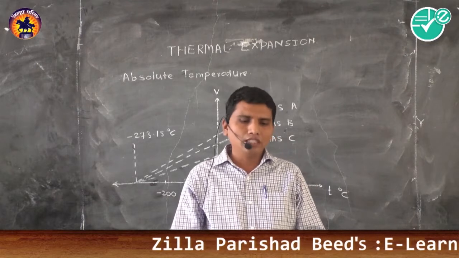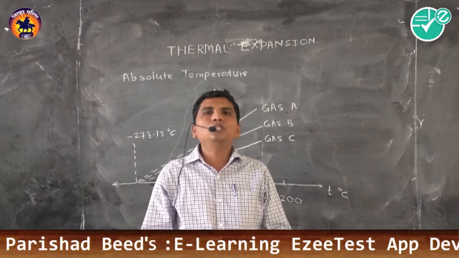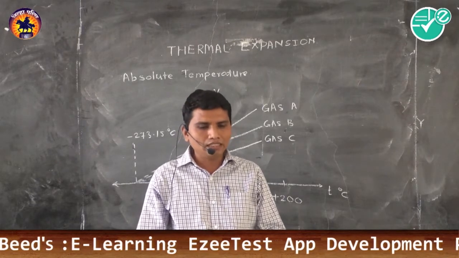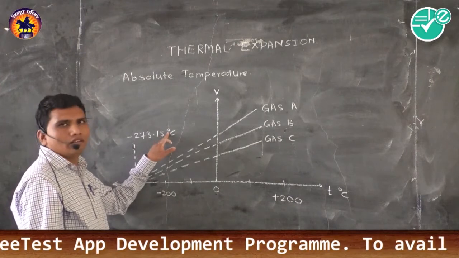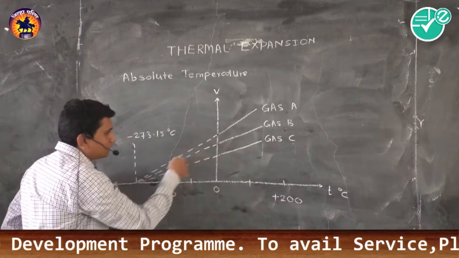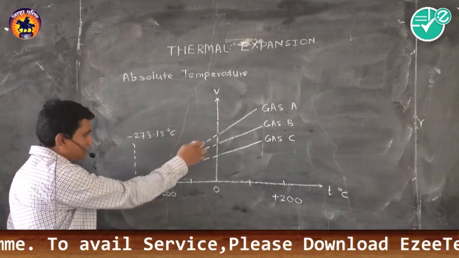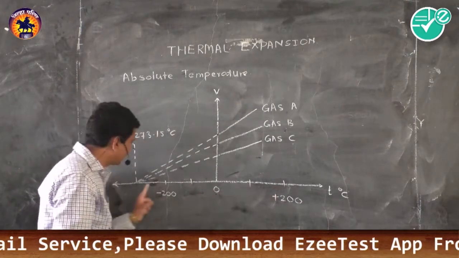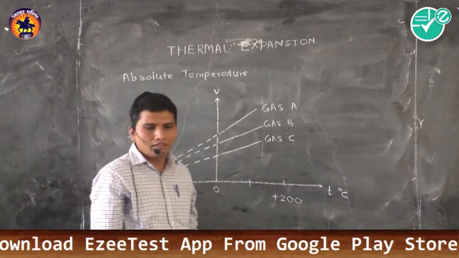Below 0 degree Celsius, Kelvin extended the lines in the graph, which cut the temperature axis at minus 273.15 degrees Celsius.